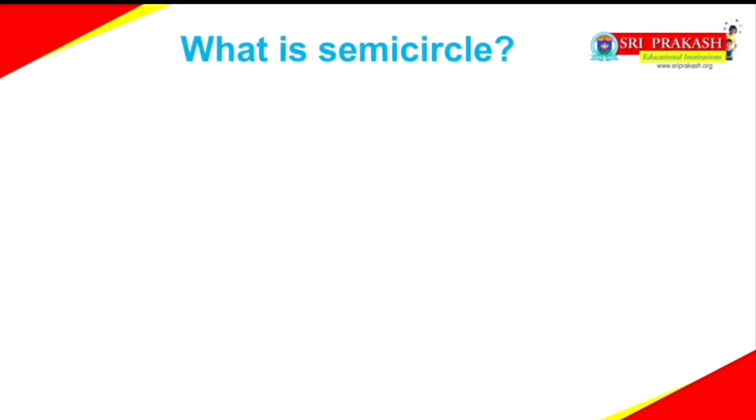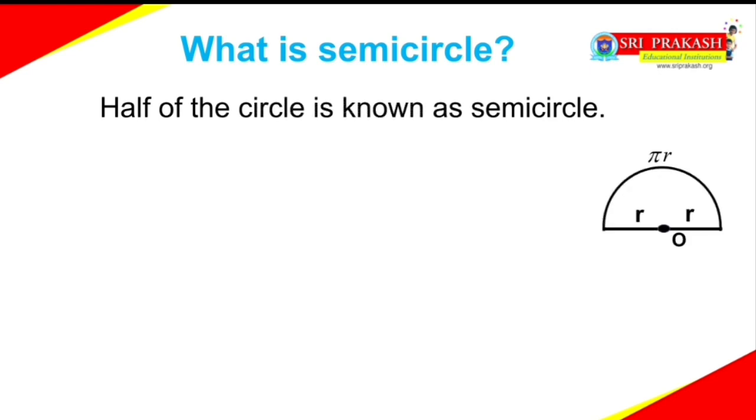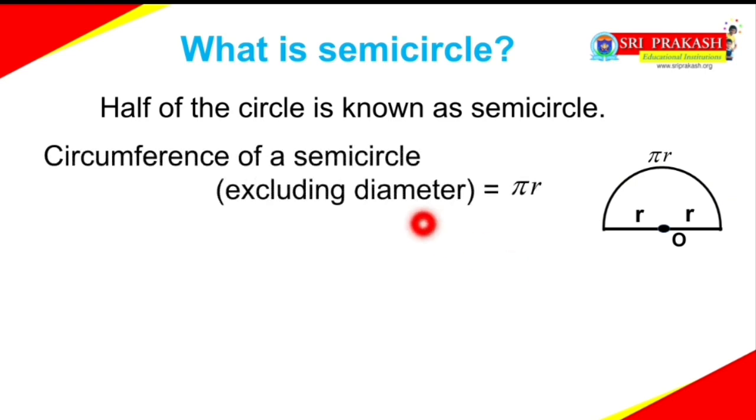What is a semicircle? Half of the circle is known as a semicircle. Now, the circumference of a semicircle excluding the diameter is always equal to pi r, pi into the radius of the semicircle.